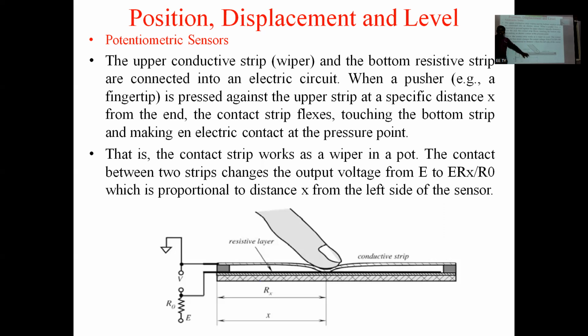To enable its operation, we provide voltage. Now see here, suppose this strip is a flexible strip. If we apply some pressure, for an application, using a fingertip, then this conductive strip and this resistive strip get attached here.